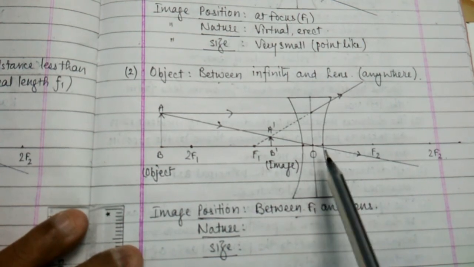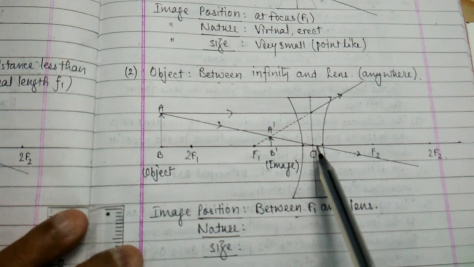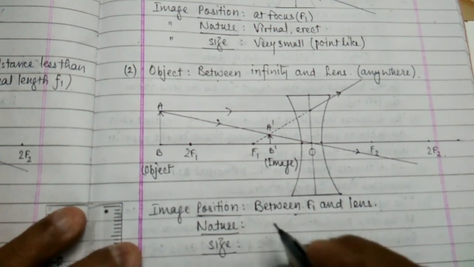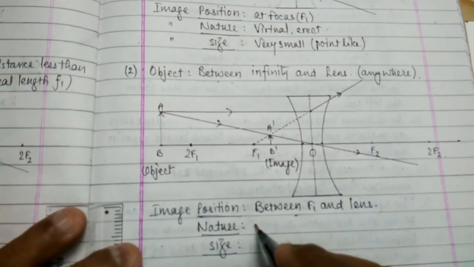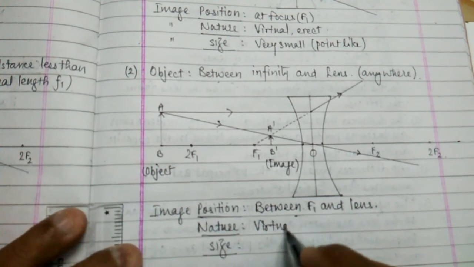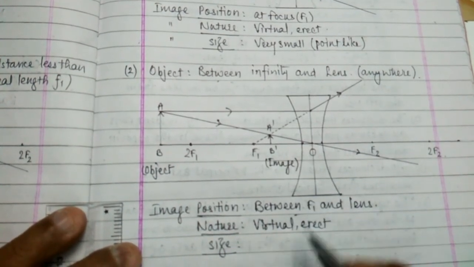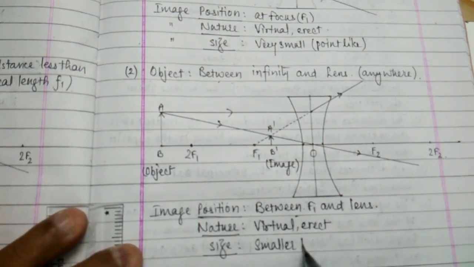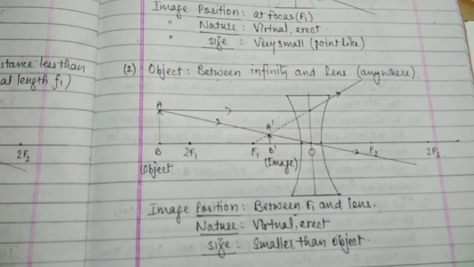We can also say that the image is obtained within the focal length, or at a distance less than the focal length, whatever you say. Nature: it is obtained on the same side of the object, so it is virtual, and a virtual image is always erect and size smaller. It is smaller than the object.